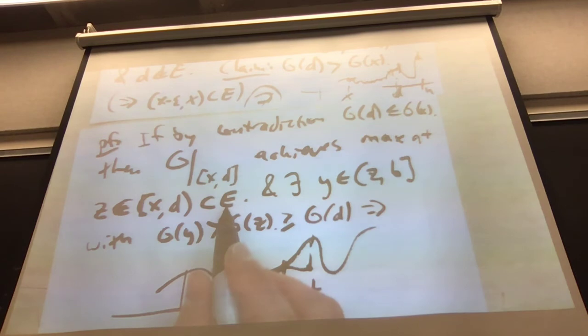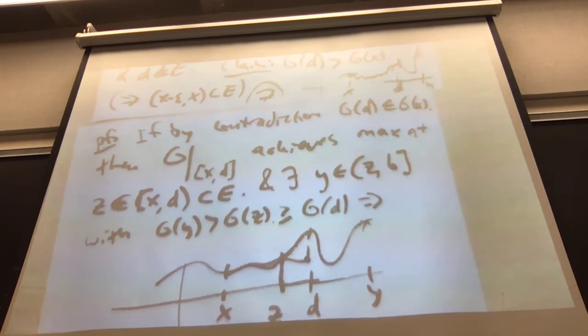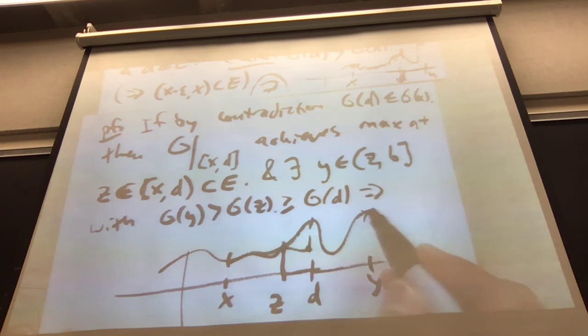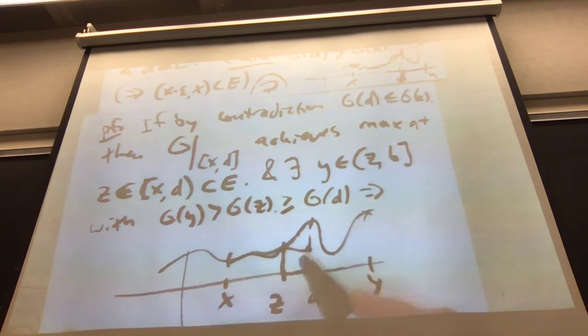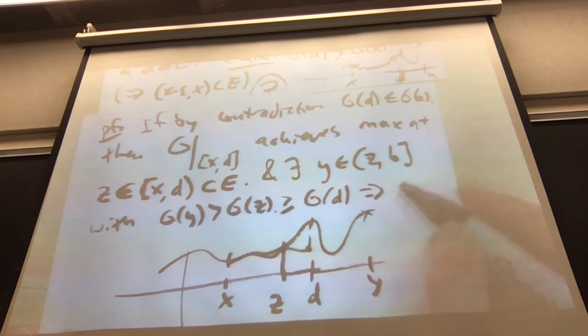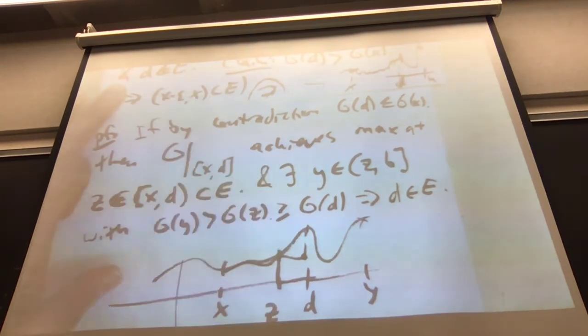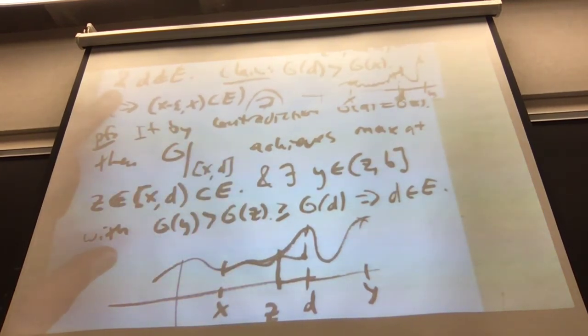But z is in E. So what that means is there is some future value that rises above z. But if there's a value that rises above z and the value at z is bigger than the value at d because z is the maximum, that means d is in E. But that contradicts the fact that we went as far as possible by the right continuity of E.